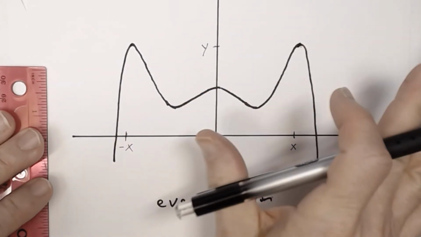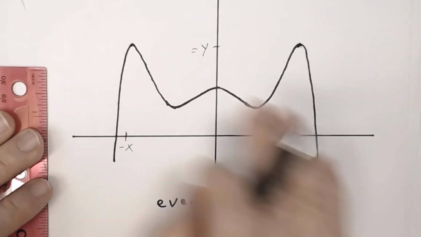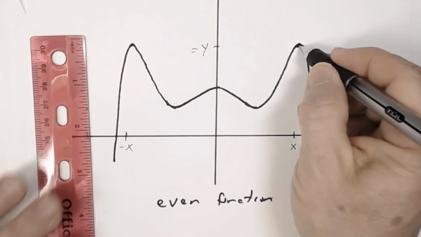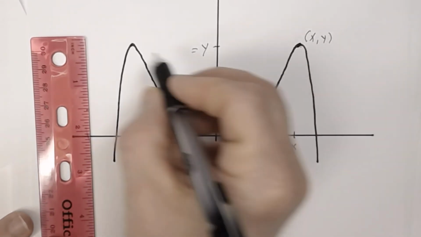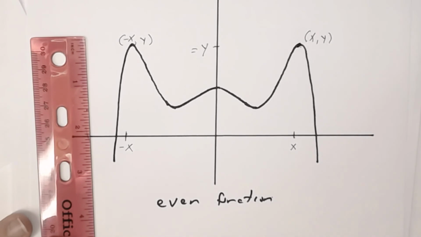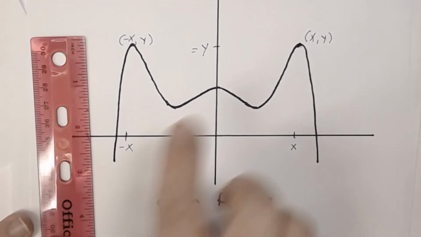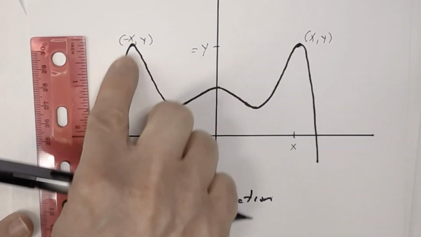And remember, we are talking about a function. So I'm going to call this point here x, y, and this point here -x, y. Y'all agree with that, right? The y values have to be the same. This is x, this is negative x.